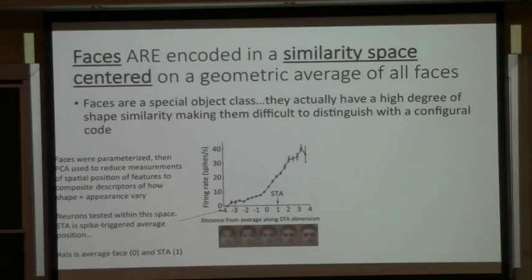A good way to describe it better is to look at the image of the different faces, which they got based on those composite descriptors where they manipulate certain things. Does that make more sense?